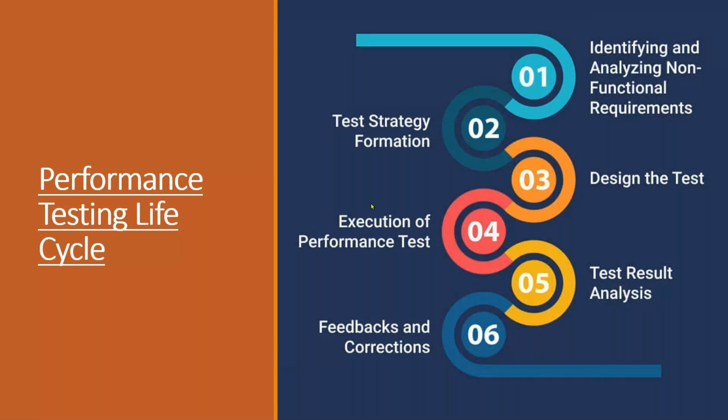Which page is performing very well, and up to which user count the application is able to sustain. Then we give our feedback, recommendations and opinions as testers, so that they can work on a few things and make the application ready if there are any issues. This is the whole story of the performance testing life cycle.